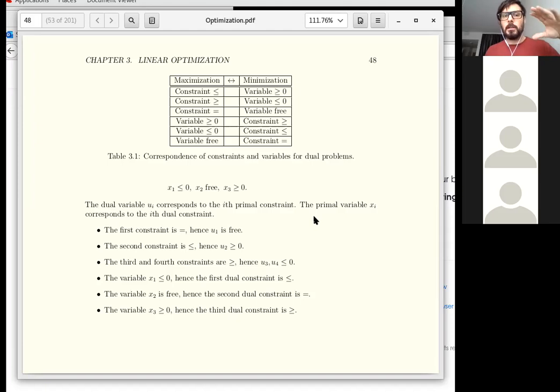If that constraint is an inequality constraint, we introduce a variable that is bounded from either below or above, depending on whether the constraint is an upper limit or lower limit. On the other hand, if there's a constraint that posits equality, then we can introduce a free variable.